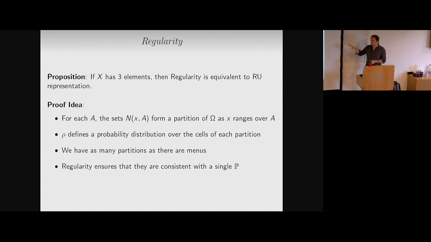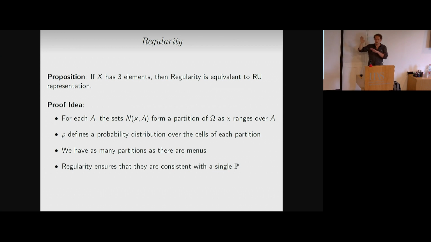Not going to prove it to you, but one way to think about it is that for any fixed menu, these N sets form a partition of omega, because some utility functions will choose x, some will choose y, some will choose z, and so the set of all utility functions gets partitioned by these N sets. And the stochastic choice function defines a probability distribution on the cells of this partition. It tells us the probabilities with which these utility functions occur.